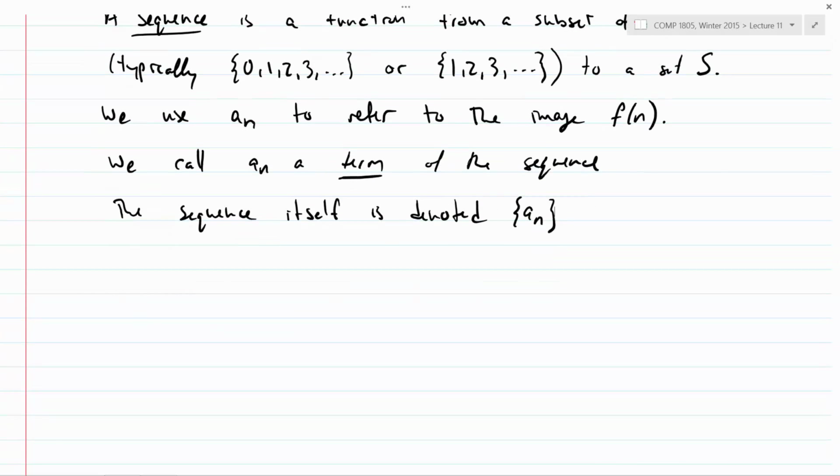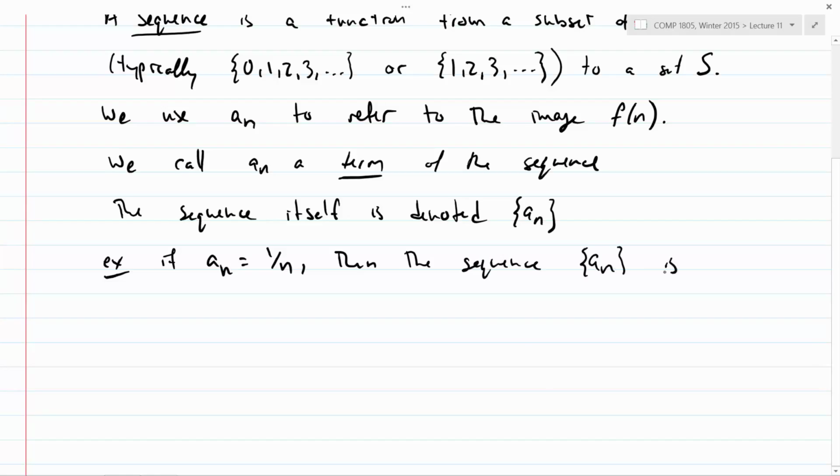So all of this is a lot of terminology for something that ends up being rather simple. A sequence is what you think it is. So if a sub n is equal to 1 over n, well, the sequence a_n is just a1, a2, a3, a4, and so on, which we would just write 1, 1/2, 1/3, 1/4, and so on.